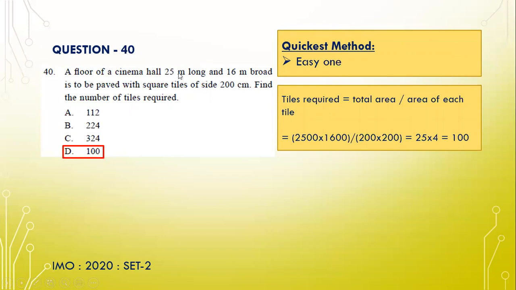Now the tile unit is 200 centimeters, so here also we have to use centimeters. So 2500 into 1600 divided by 200 into 200. If you solve this, 100 tiles are required.